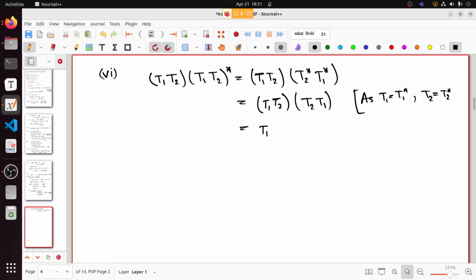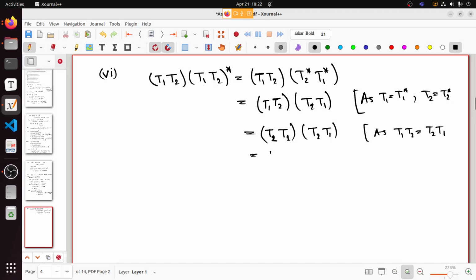So this would be T2, right? So this you can write T1 T2. Now this will commute because T2 T1 commute, so T2 T1, as T1 T2 equals T2 T1.